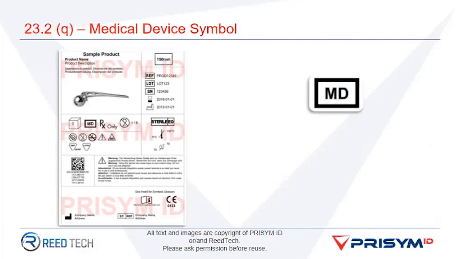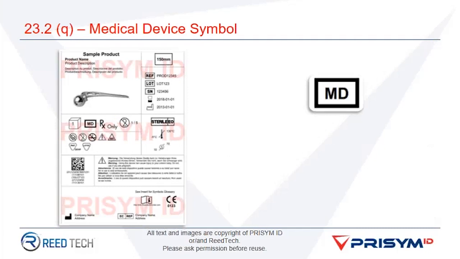Now, this is probably one of the most basic, but at the same time the most significant changes within the EU MDR. This rule simply requires a new symbol to be added to every label. This means that every single one of your labels will need to be changed to meet the new EU MDR regulations.